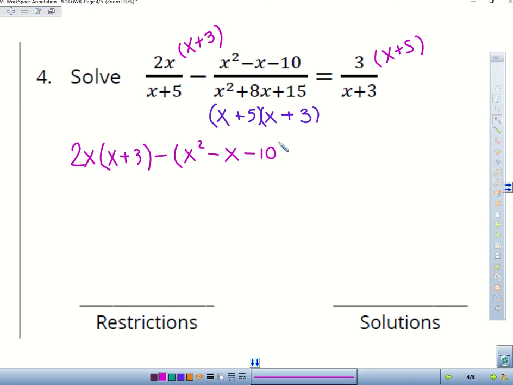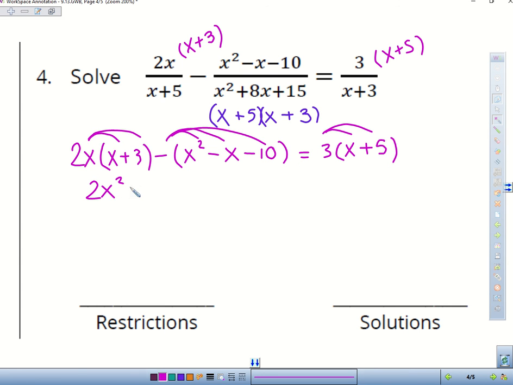You have to subtract away that entire thing. So make sure that you don't forget to distribute that negative sign. So I distribute that negative, I distribute the 2x and the 3. So that's 2x squared plus 6x minus x squared plus x plus 10 equals 3x plus 15.